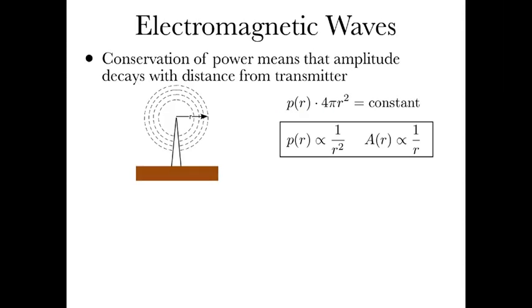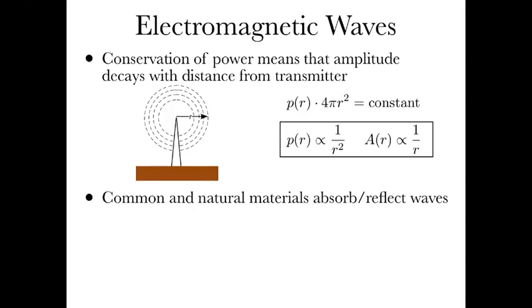So that leads to the fundamental result that the power at a receiver must obey an inverse square law. So the more distant the receiving antenna is from the transmitter, the smaller the power is going to be. Or maybe said a little better, the amplitude has to go down like 1 over r. Okay, it's a fact of life, fundamental physics.